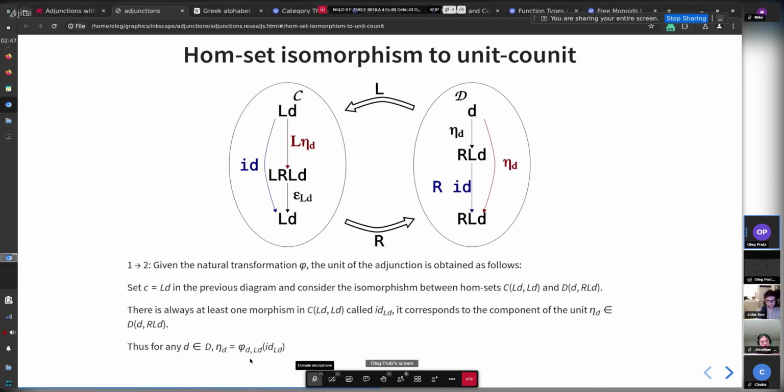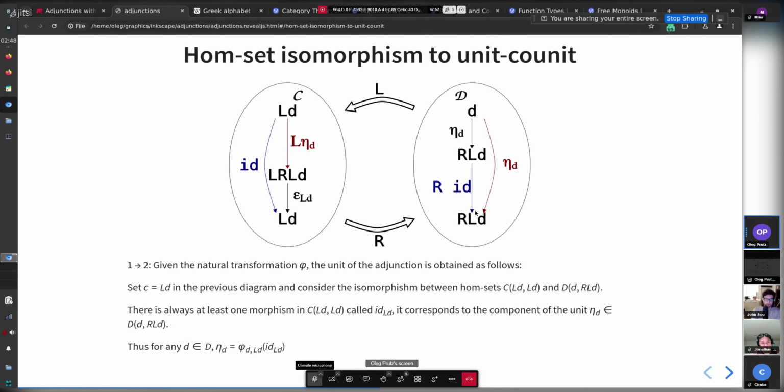And a natural transformation, remember, is a family of morphisms, so it has to be indexed by an object, and it is a natural transformation between profunctors. The domain category is a product category, so we need a pair of objects. So we take the component of phi at D and LD and apply it to the identity morphism on LD, and that gives us the component of unit.